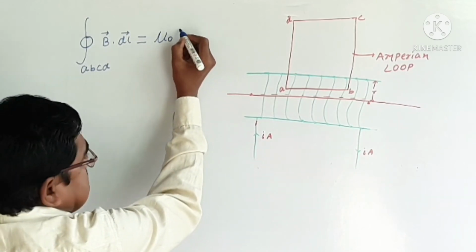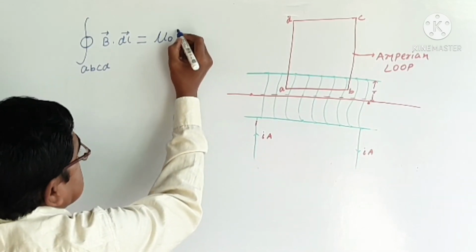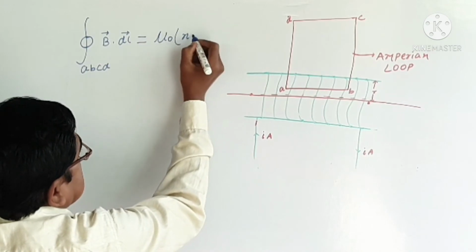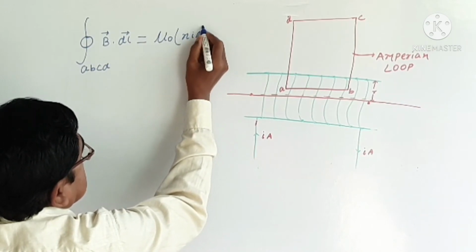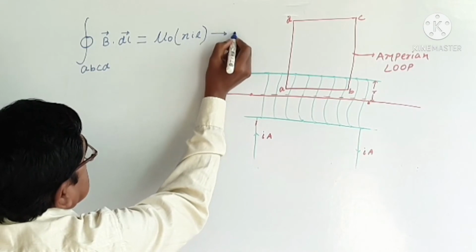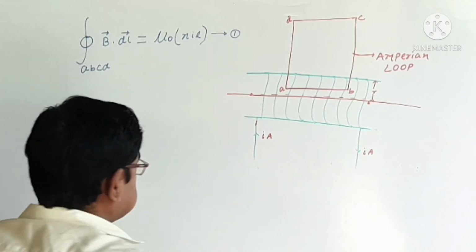What is the amount of current here? This is current N I L. This is the first equation.